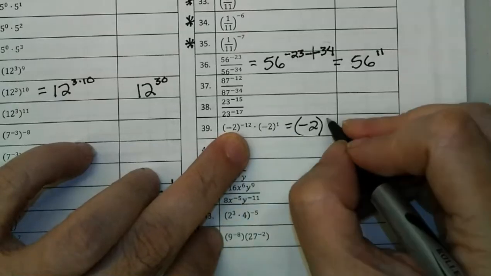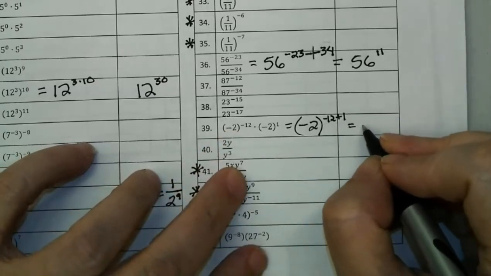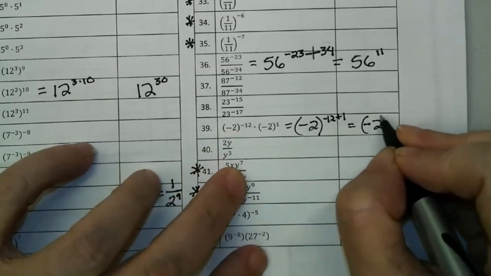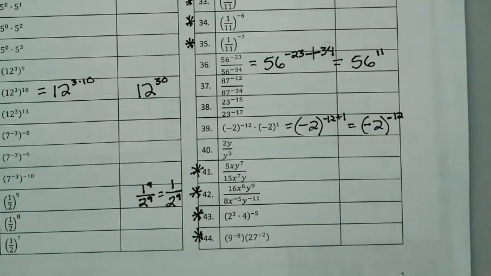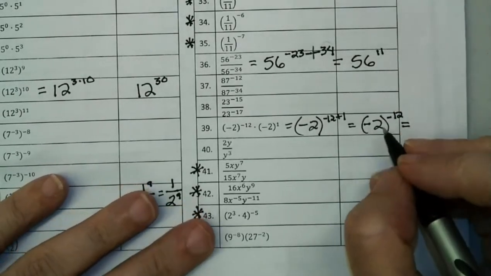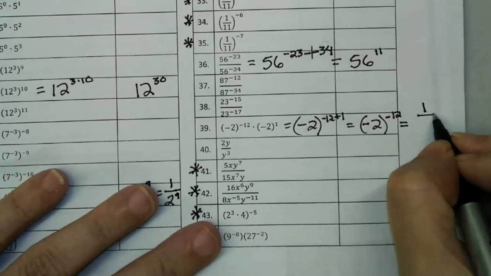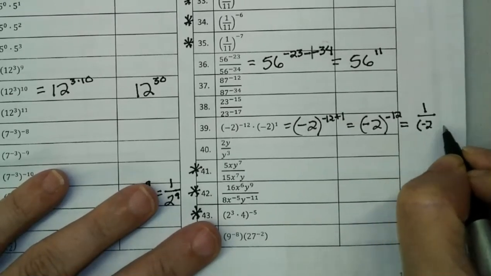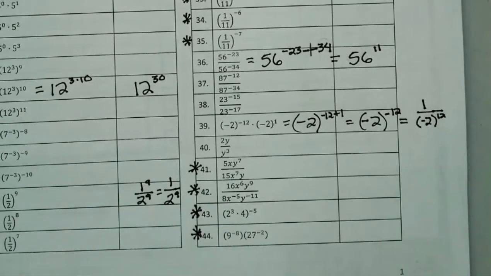So negative 12 plus 1 is going to give us negative 2 to the negative 12th power. Okay? And you can write this as a fraction as well if you wanted to go farther. And you could say this is 1 over negative 2 to the positive 12th power. So you could write it either way. Depends on how far you want to take it, how much you want to challenge yourself.